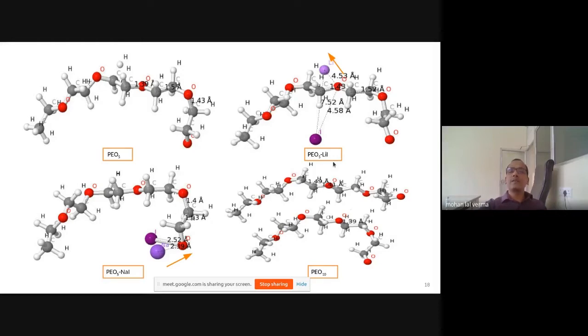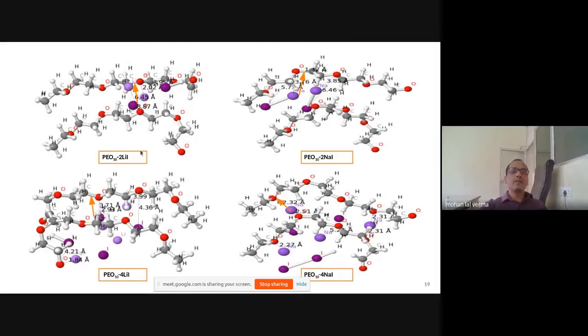And since the size of lithium is less than the size of the silver ion, obviously its conductivity will be much more, because it requires very less space to move. So the path is easily available for the movement of the lithium ion or sodium ion, so its conductivity will obviously be more than that of silver ion conducting solid polymer electrolyte systems.